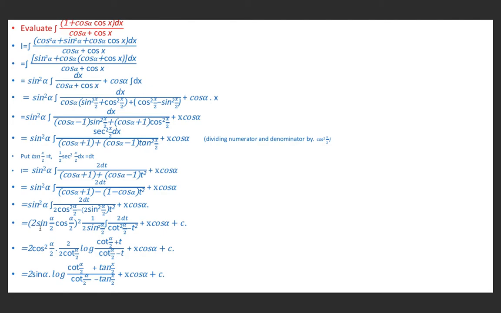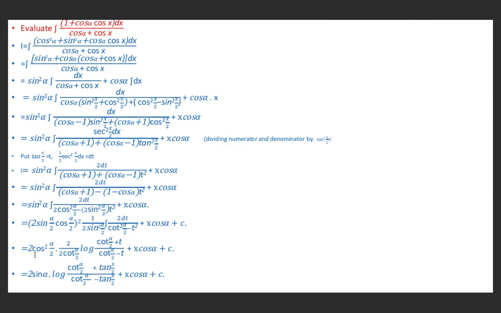So here we had only 2 cos square alpha by 2, and this 2, and again this 2 cotangent alpha by 2. Cotangent alpha by 2 is nothing but cos alpha by 2 upon sin alpha by 2. So sin alpha by 2 will be in the numerator, cos alpha by 2 will be in the denominator, and these two will cancel out. So 1 cos alpha by 2 will cancel with the one which we have here. So we will have 2 cos alpha by 2 sin alpha by 2.